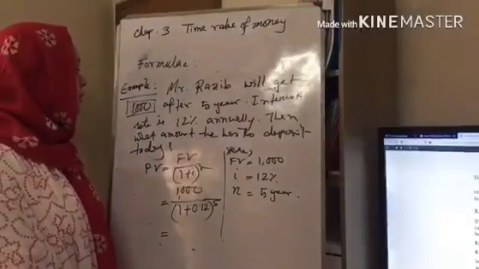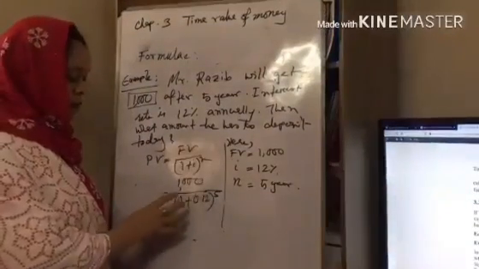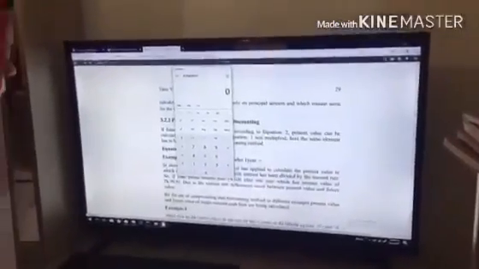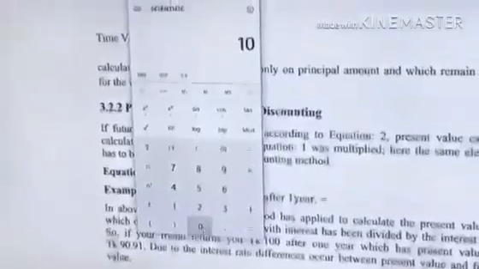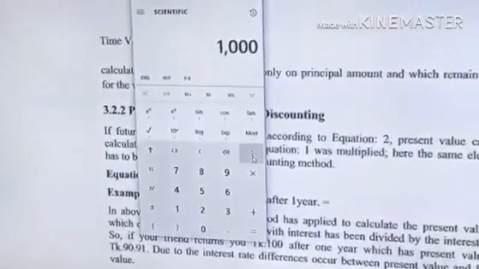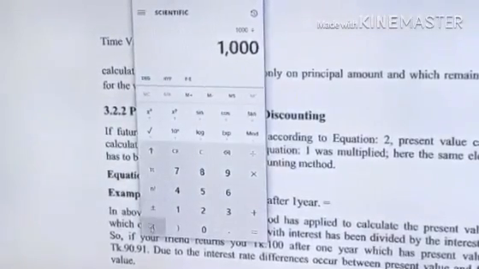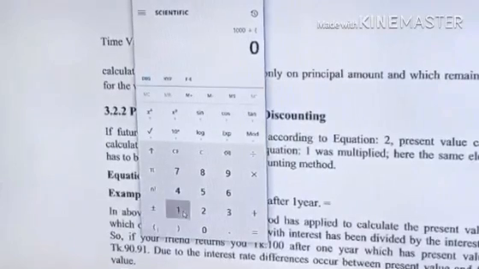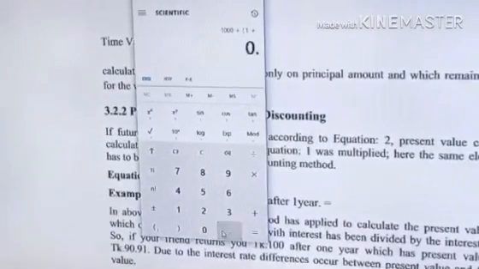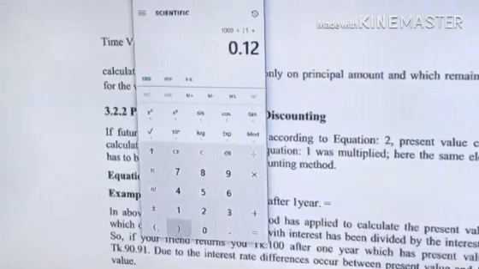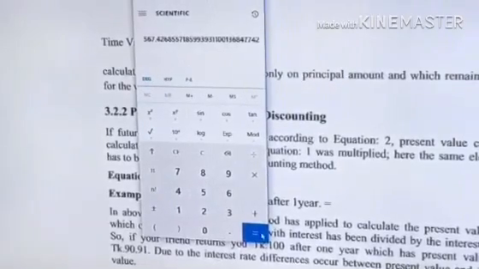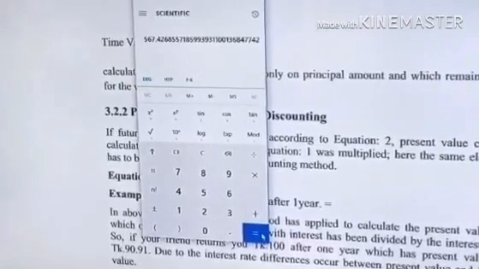I'm showing you all the calculation here on the calculator: 1000 divided by bracket 1 plus 0.12 bracket close, to the power 5, and the result is 567.42.